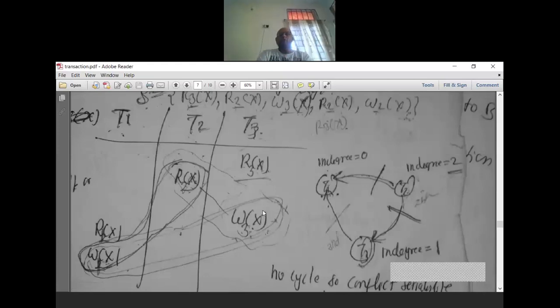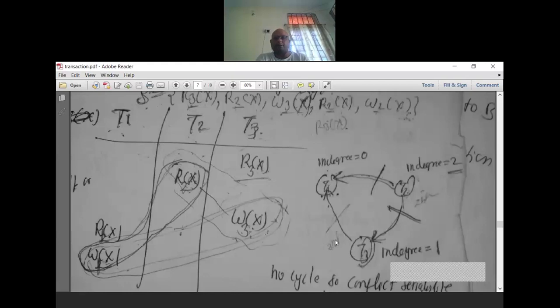Now what I will do, I will make nodes: transaction T1 node, transaction T2 node, and transaction T3 node. And I will note all the conflicting operations. From T1 to T3 there were no conflict operations, so I have not put any arrow from T1 to T3.